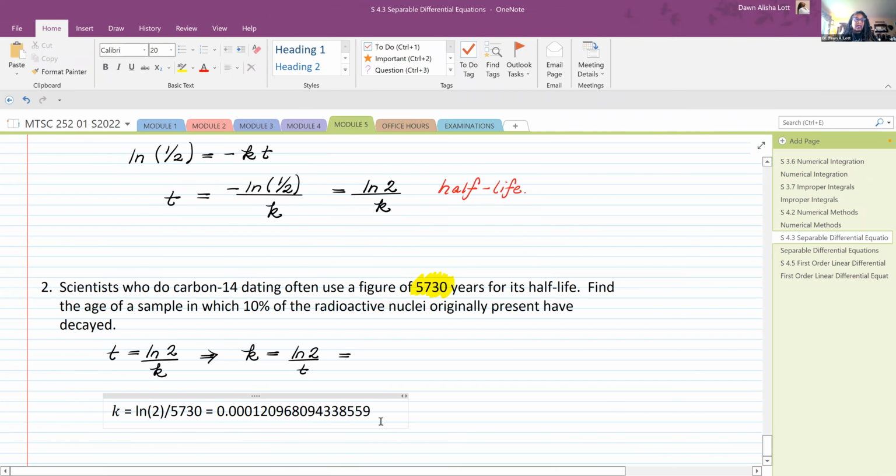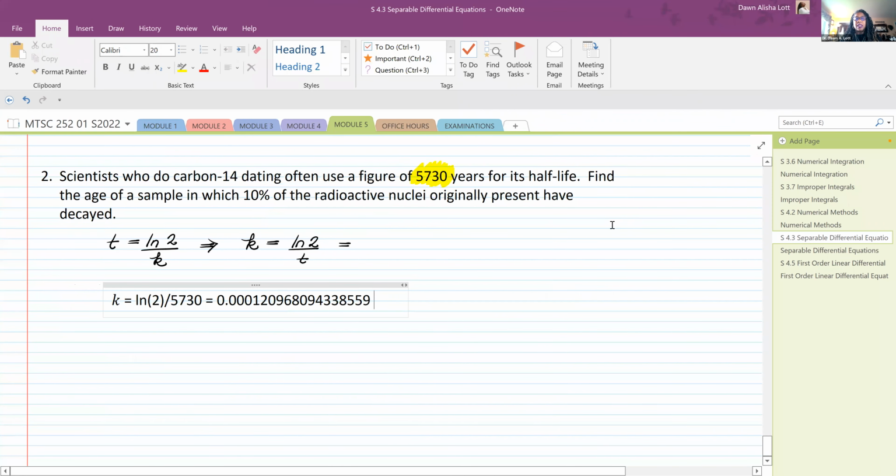That's our k. It's very small. This is a very small rate of decay. It takes a long time. Okay, so now we know what our k is.